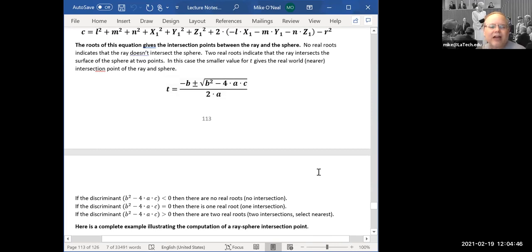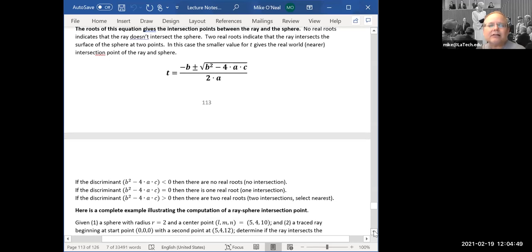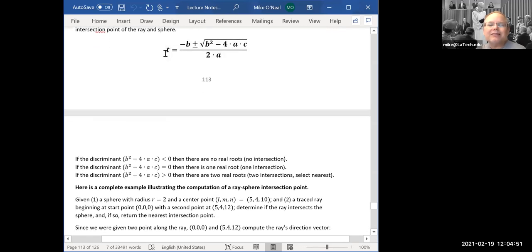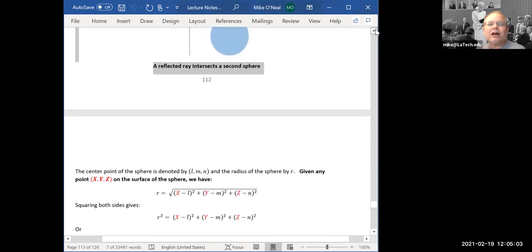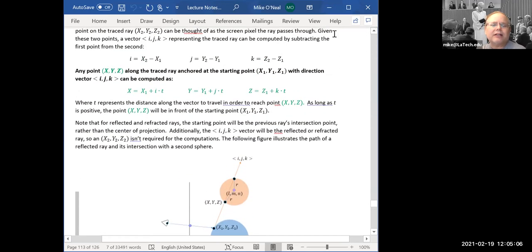And I solve that, and t gives me the distance to go down the ray equation to get to the XYZ intersection point. Because remember, it's a parametric equation for a line, and it's in terms of t, some distance to travel. So now we know the t, right? And from that t and the starting point and the vector for the ray, we can get the XYZ intersection point.